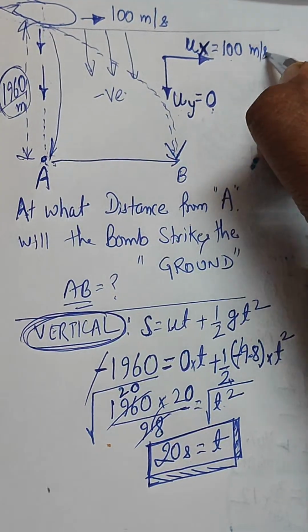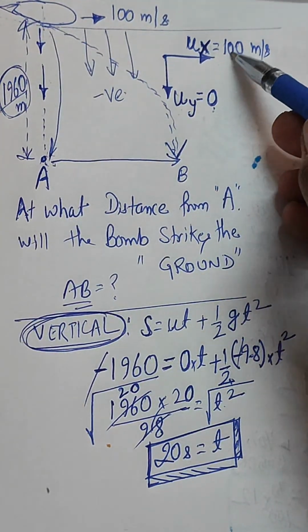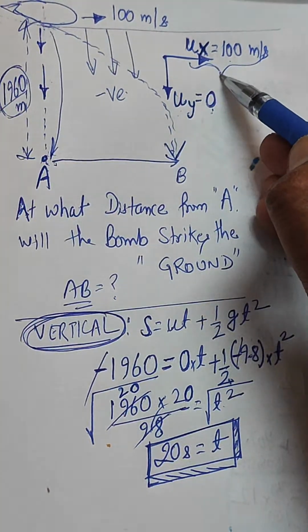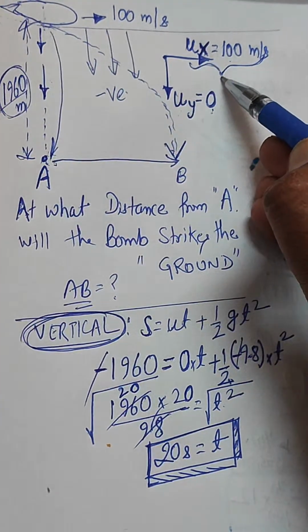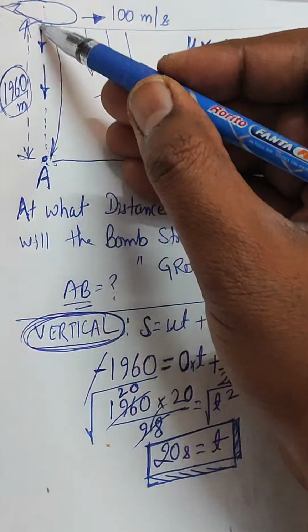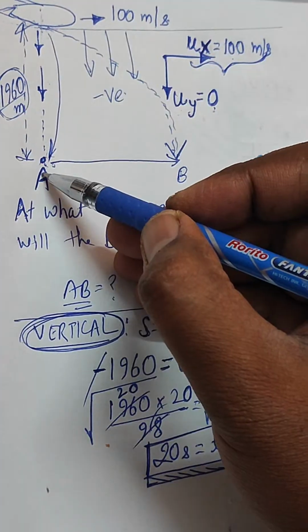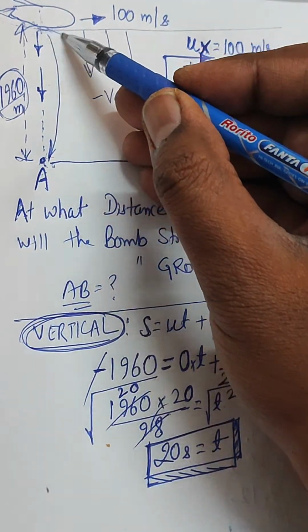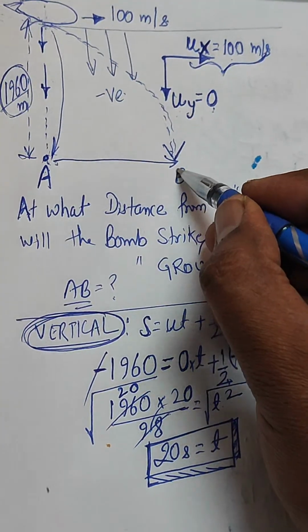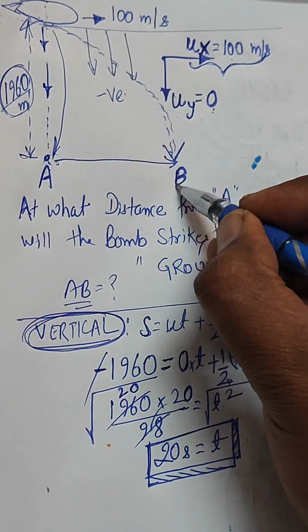This will be the responsible component which will not allow the bomb to strike directly at A, okay? It will force it to strike at a point somewhere, at a point B.